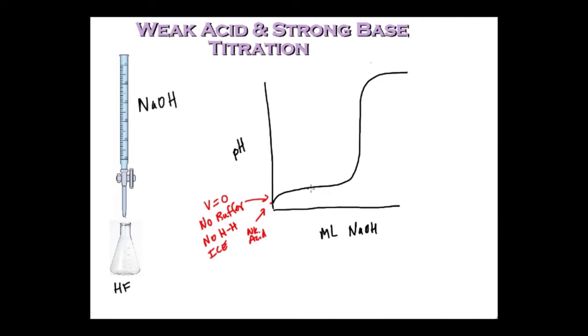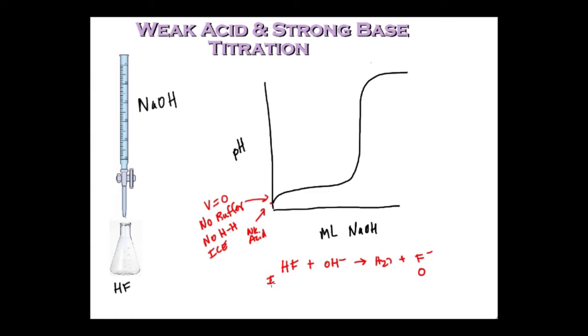Okay. Now as you go along here, think about what's happening in this reaction. Let's write the reaction down here again. HF reacting with the OH minus, what it's going to do is keep creating water and F minus. Now this starts off as 0.